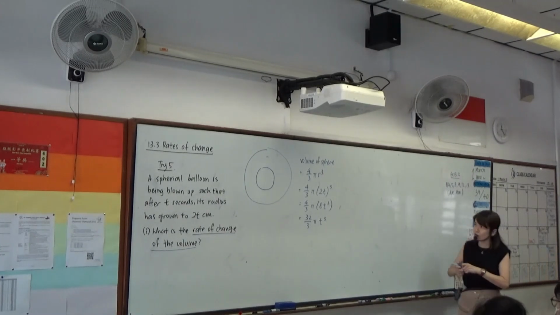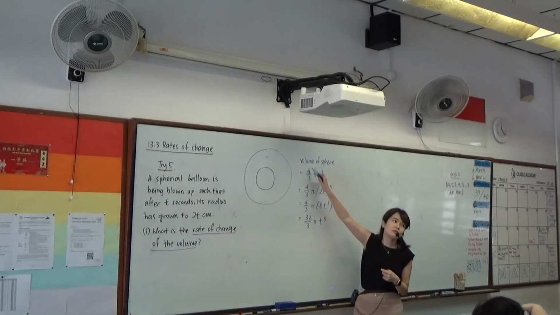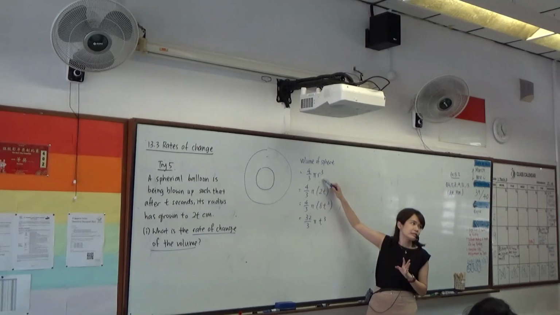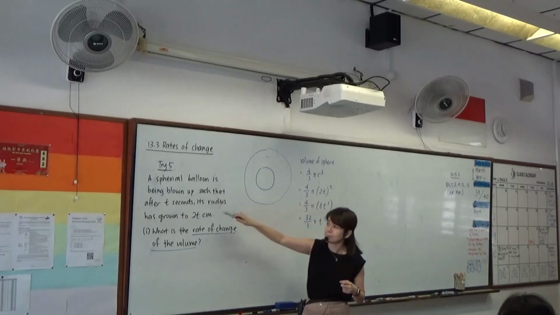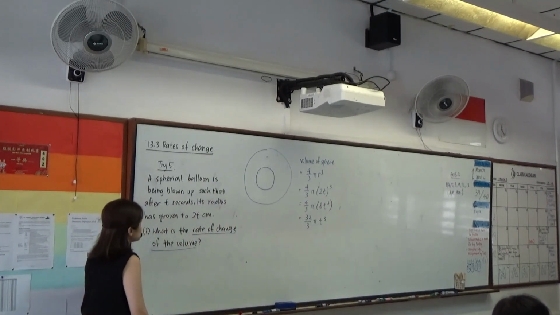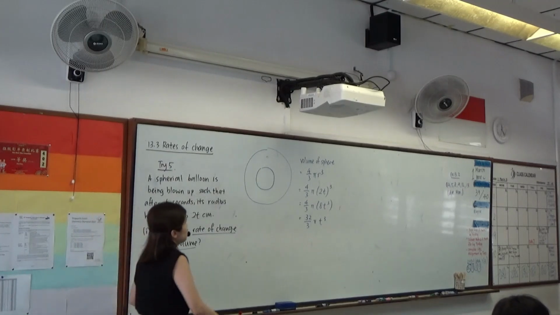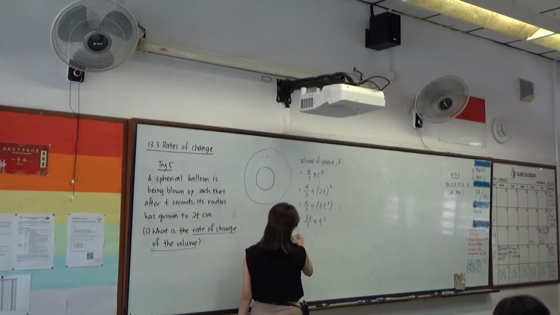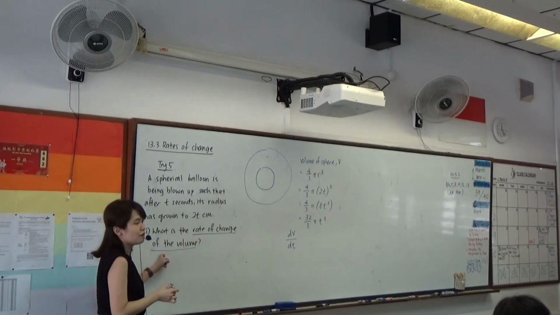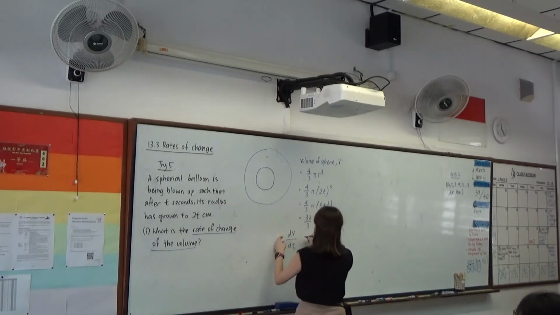This is how we relate the volume of sphere formula, drawing the reference from volume to radius to volume to time, because t refers to time. If I let my volume of sphere be V, I can find dV over dt, which is the rate of change of volume, change of volume over change of time.